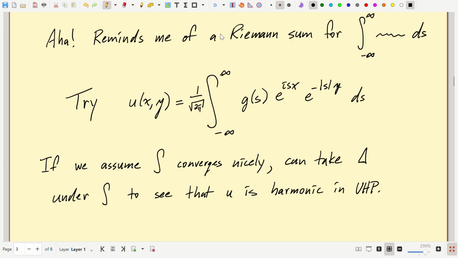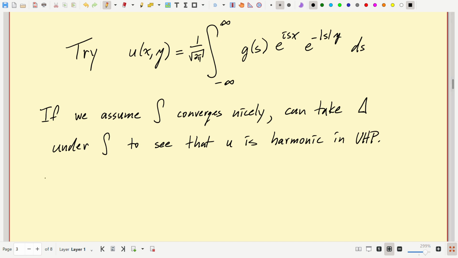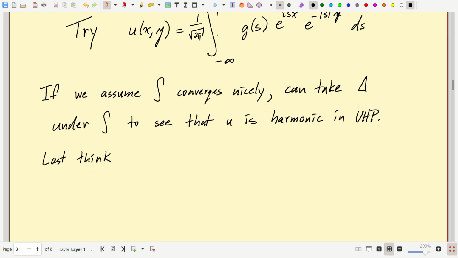Okay, so we're going to assume that. And the last thing we want is the value of this thing as y goes to 0 to be given. The last thing we want is u of x of 0 to be equal to f of x.